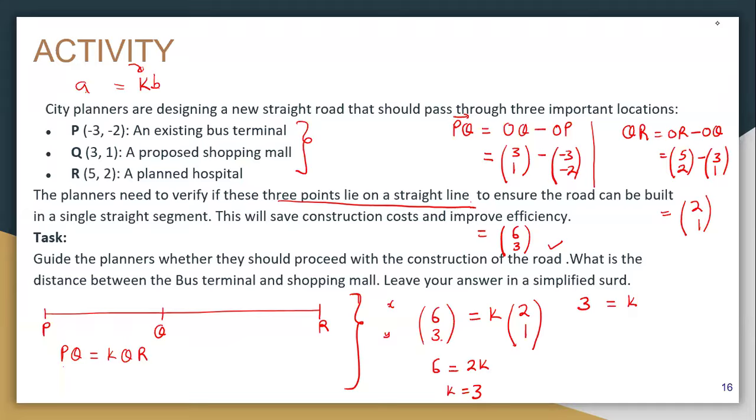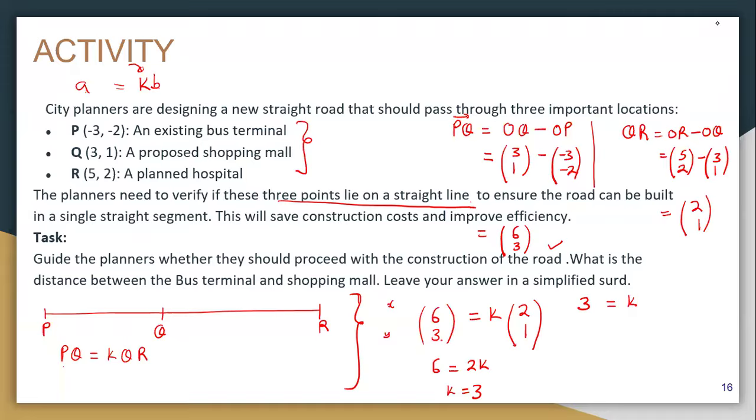Another one. Yes, Samuel. I would say that the planners continue with the construction of the roads because the 3 roads are collinear since they have the same scalar multiple of 3.